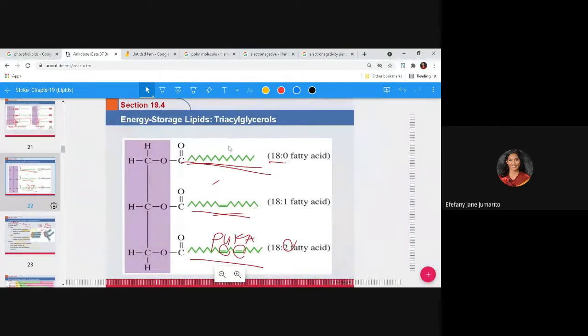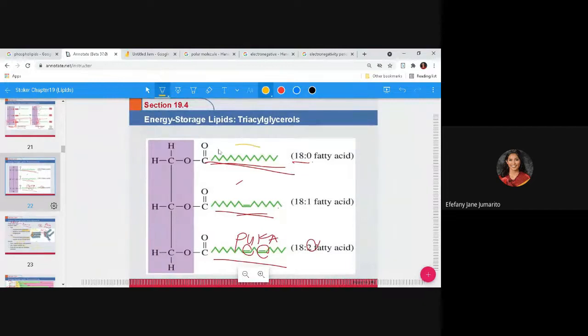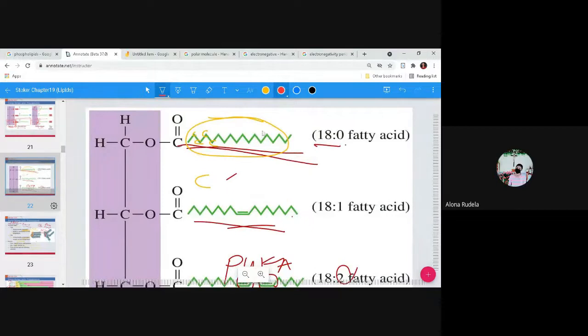That's why this one is non-polar, because it has C and then C, C, C, C. We have C at every end, right? The bond between C and C is non-polar. It has little electronegativity.